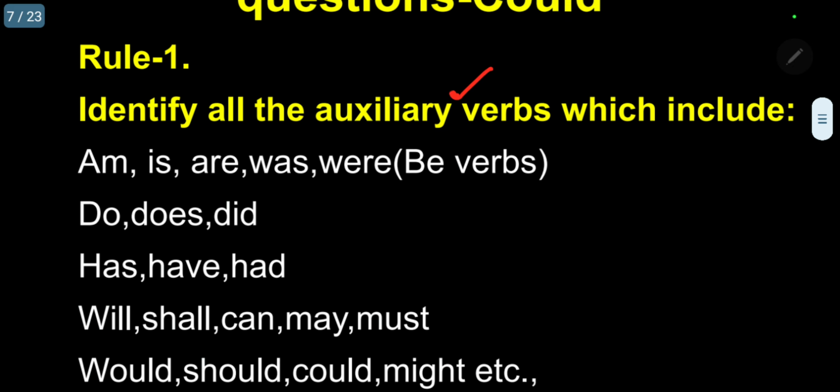That means we have to memorize the auxiliary verbs. When I say verb, it is my duty to explain what a verb is and what the types of verbs are. Everything I have discussed; I am just recollecting before entering.